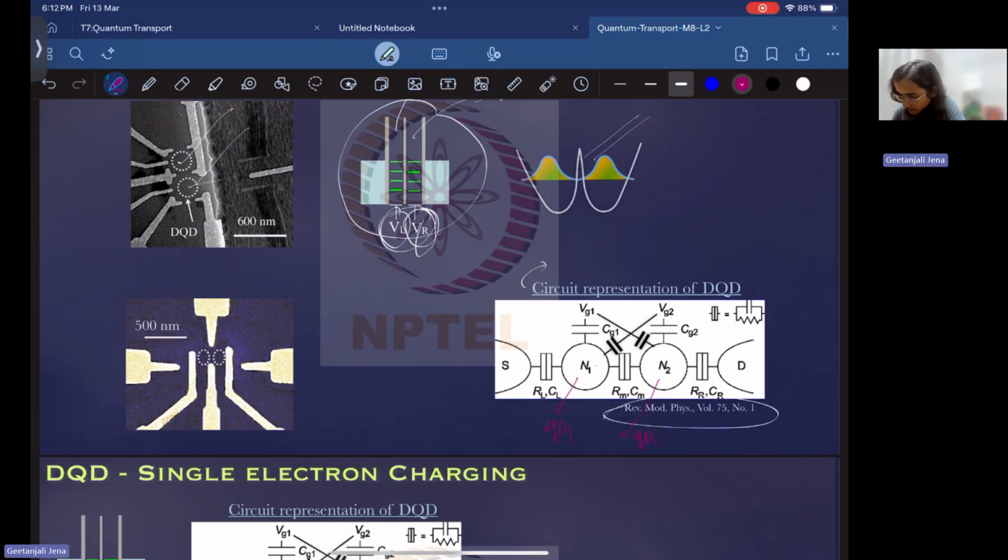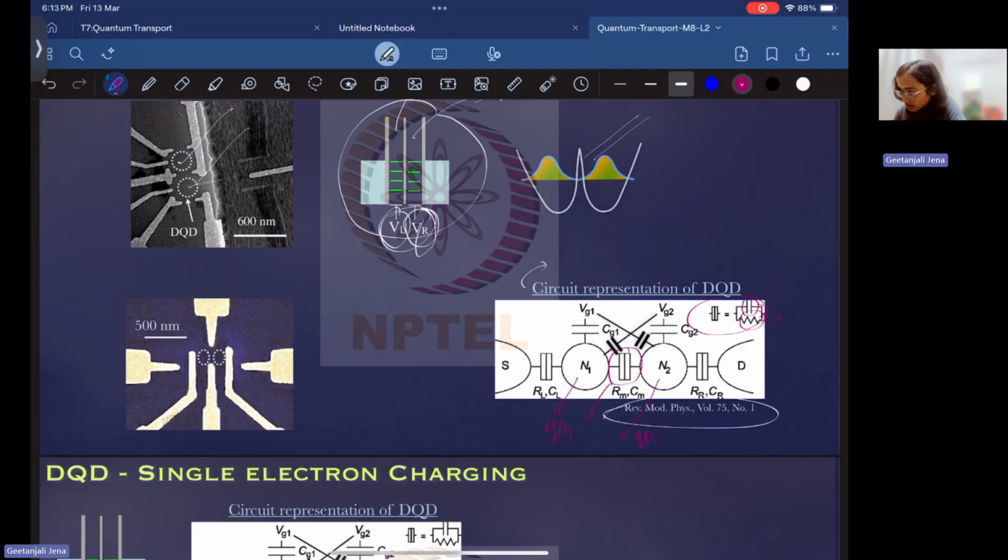These two quantum dots are tunnel coupled through a tunnel barrier. Remember, this is the circuit symbol for a tunnel barrier, which is nothing but a leaky capacitor: a capacitor and a resistor connected in parallel.